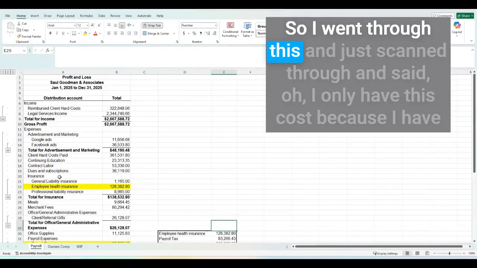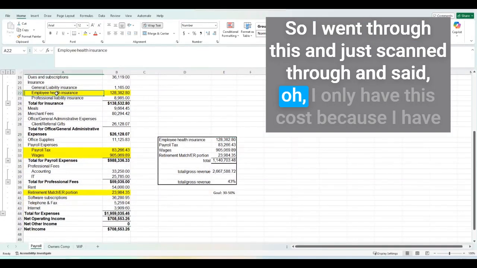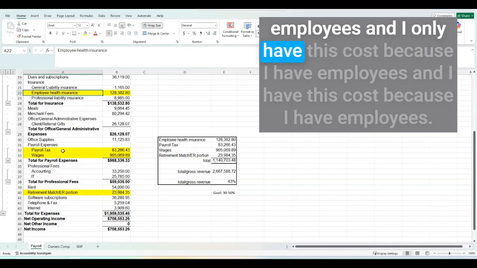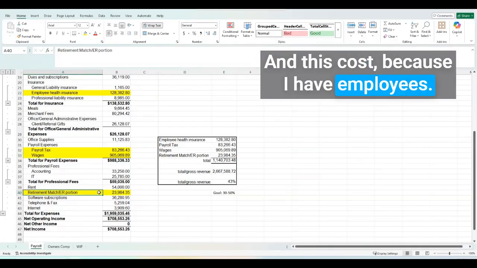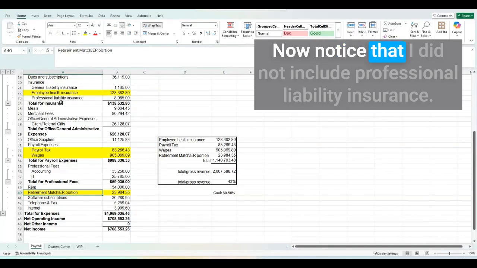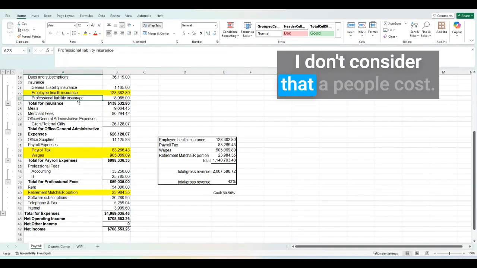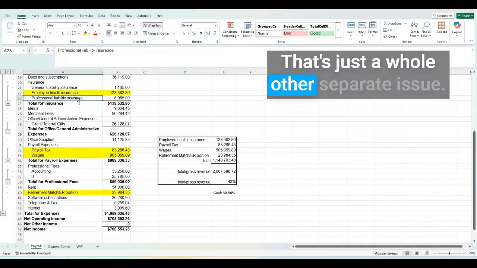I went through this and just scanned through and said, oh, I only have this cost because I have employees, and this cost, and this cost, and this cost. Now, notice that I did not include professional liability insurance. I don't consider that a people cost. That's a whole other separate issue.